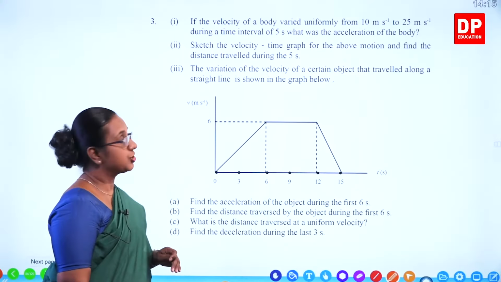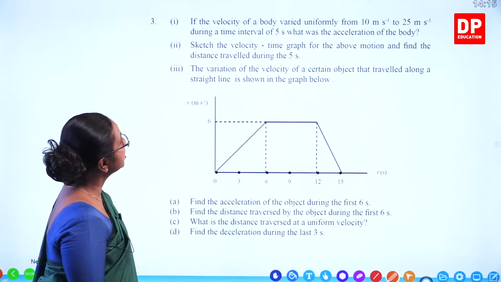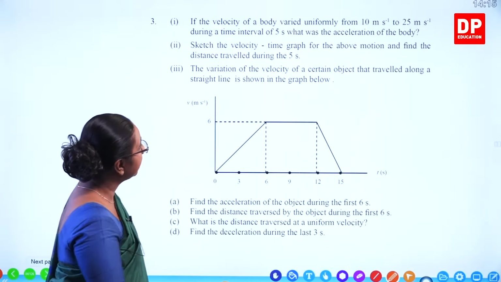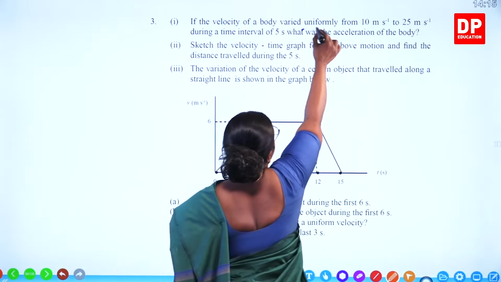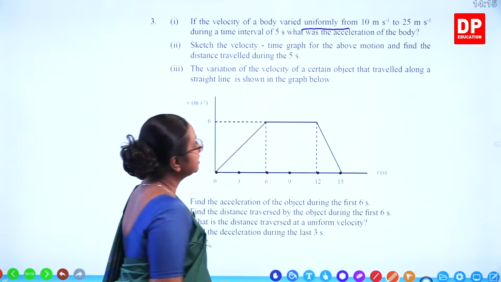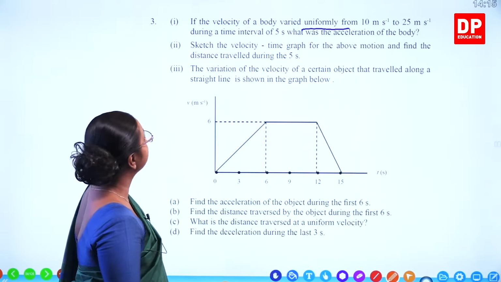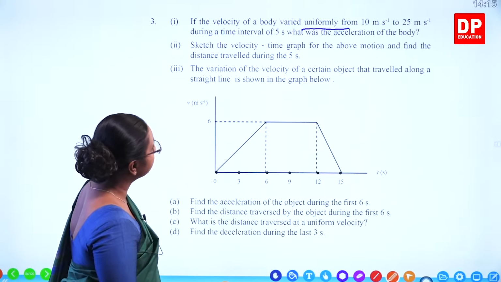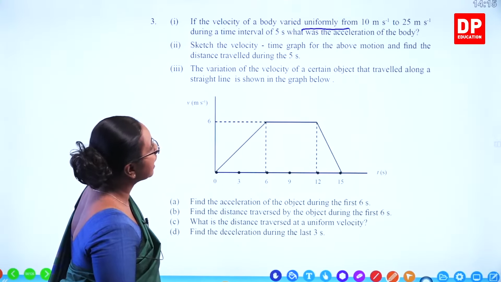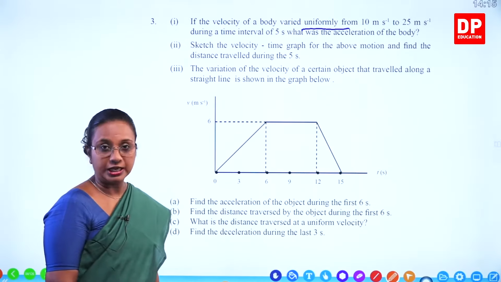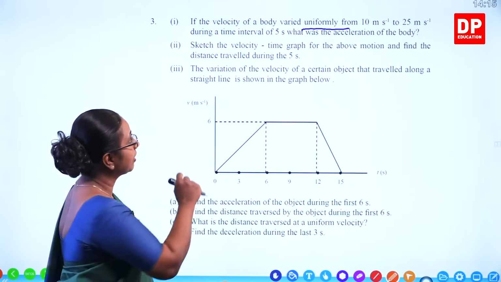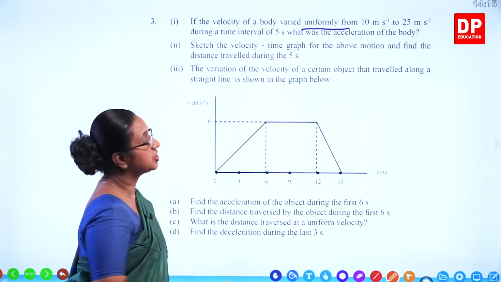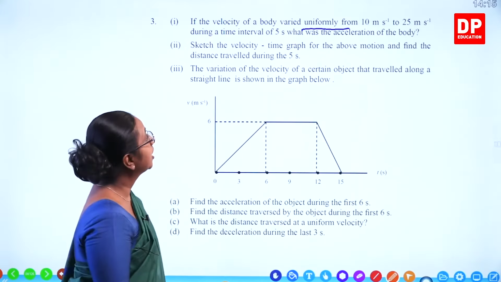The next question, if the velocity of a body varied uniformly from 10 meters per second to 25 meters per second during a time interval of 5 seconds, what was the acceleration of the body? When you read the questions, you have to get the information from the question.